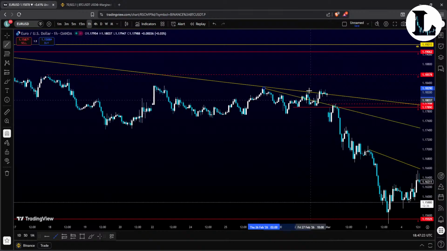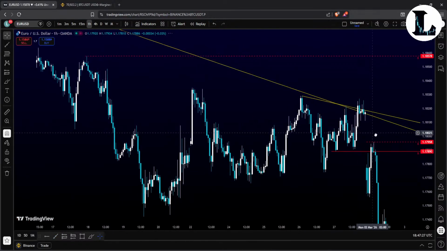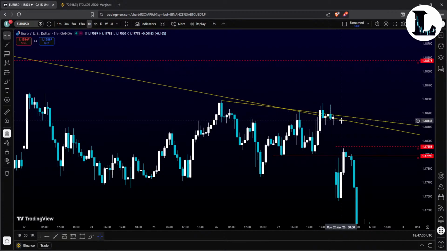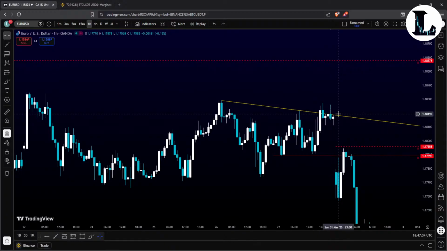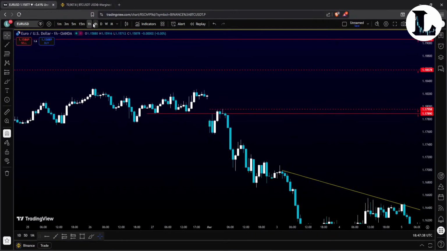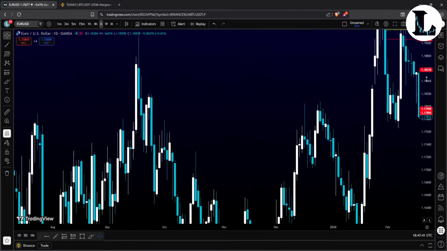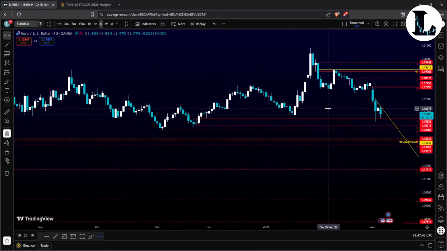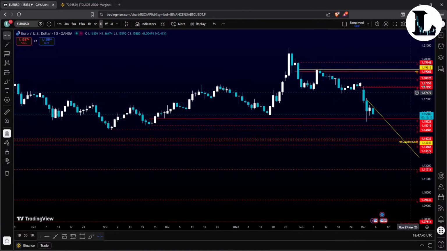Even better than the 4, you can see. The price just breaks down really hard. Okay, and I believe that the price here of the Eurodollar is all check.